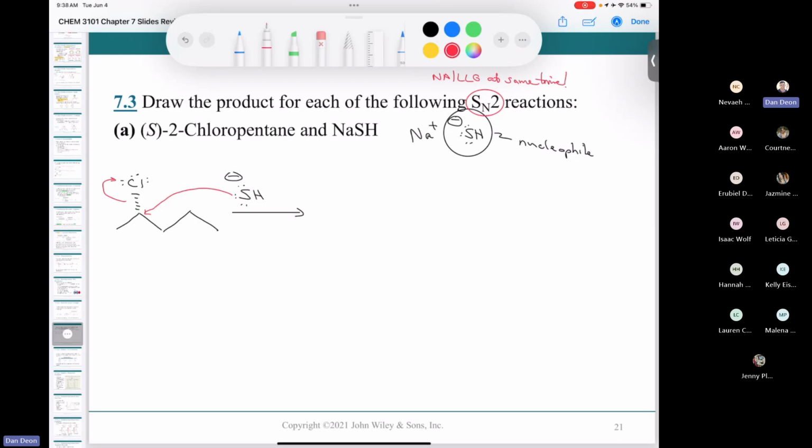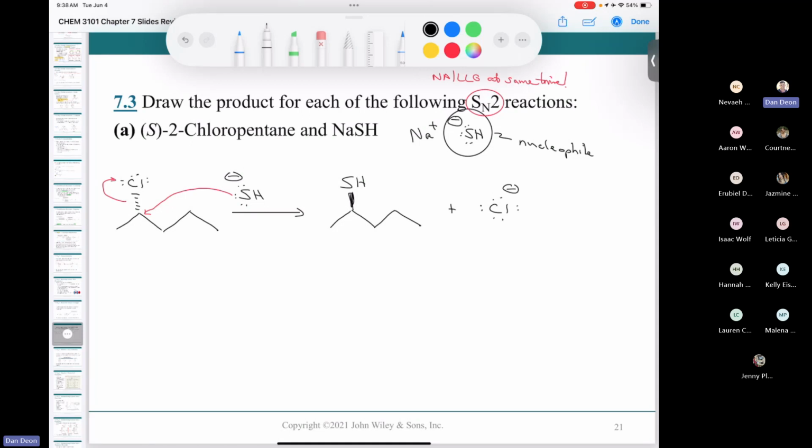So what we also know is that the S stereocenter is going to flip to becoming an R stereocenter. So we're going to end up with our 5-carbon chain, but now our S, our dash, is going to be flipped to a wedge. And we've got our thiol on here, and then we have our chloride as our leaving group, like that. Give me a thumbs up if you follow me on this reaction.